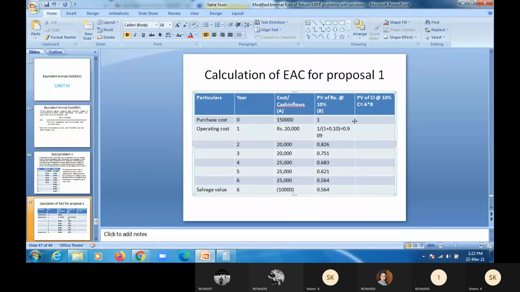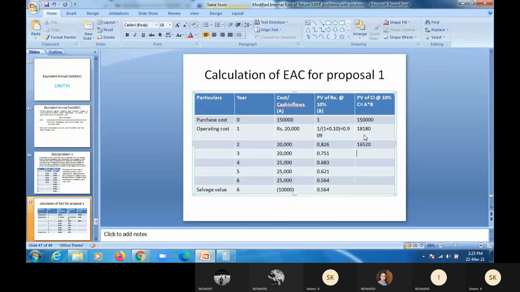In the 0 year, you will get 1,50,000 into 1, that is 1,50,000. In the first year, 20,000 into 0.909, you will get 18,180. Second year, 20,000 into 0.826, it will give you 16,520.